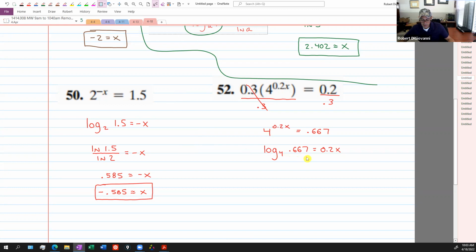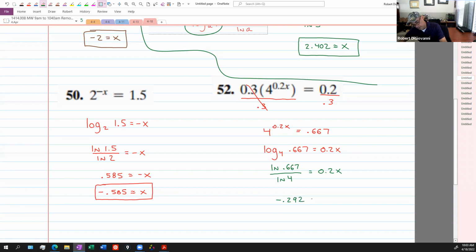Okay, so now I'm here. I go on my calculator. I'm going to do natural log of 0.667 over natural log of 4. That should be equal to 0.2x. And let me get my calculator here. So I get negative 0.292.